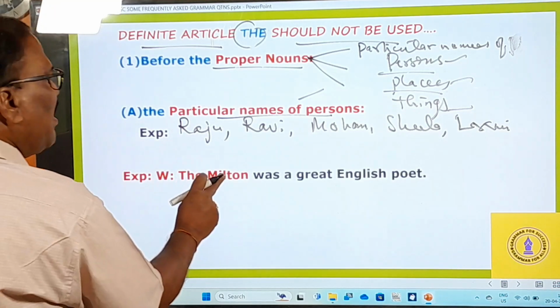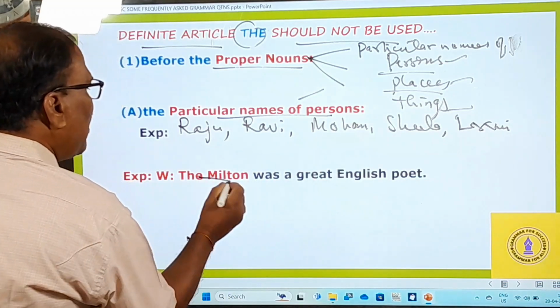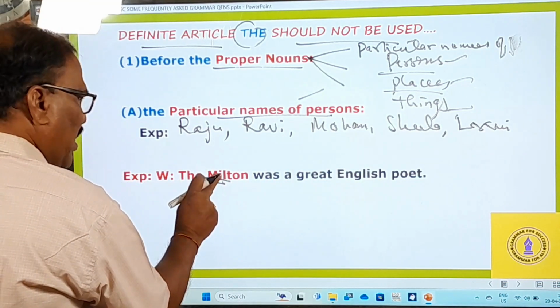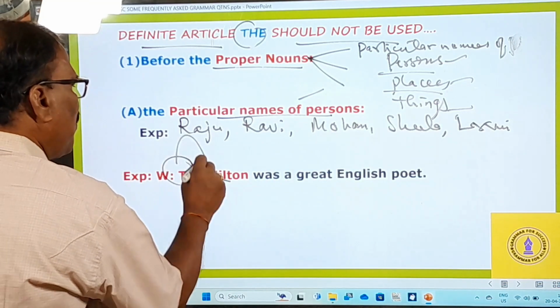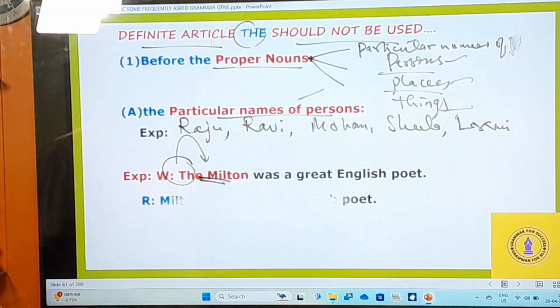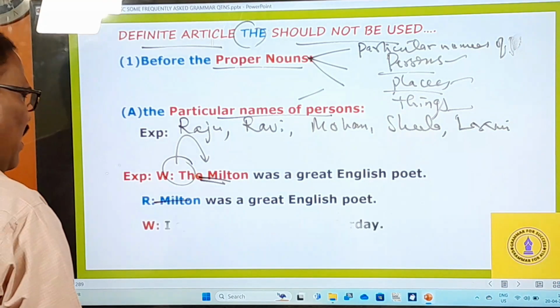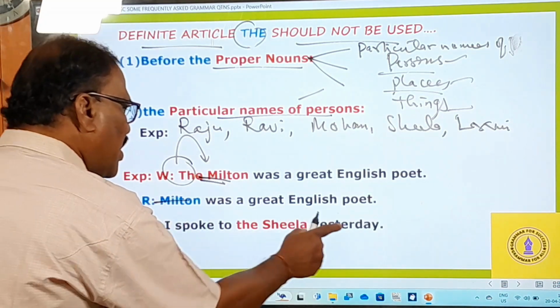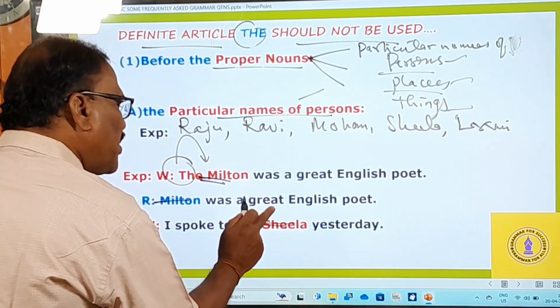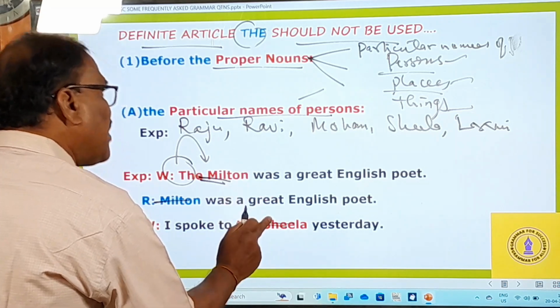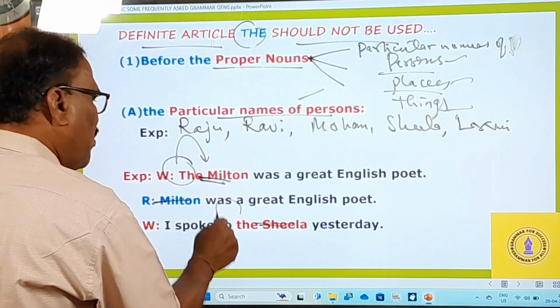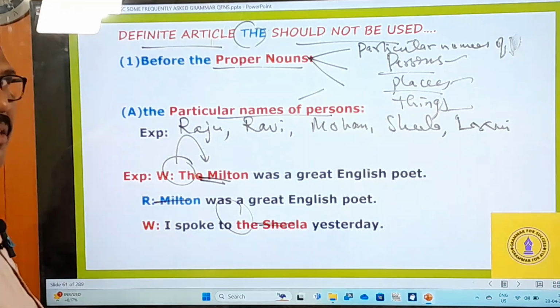For example, 'The Milton was a great English poet.' Milton is a proper noun, the particular name of this person, so before it we should not use any article. We should say only 'Milton was a great English poet.' Next, 'I spoke to the Sheila yesterday.' Sheila is the particular name of this person, so it is a proper noun, and before a proper noun we should not use any article.